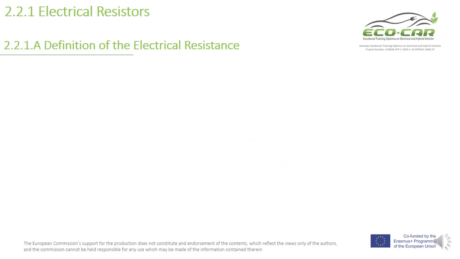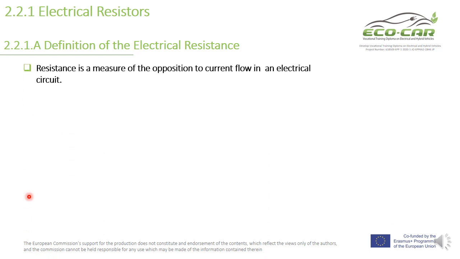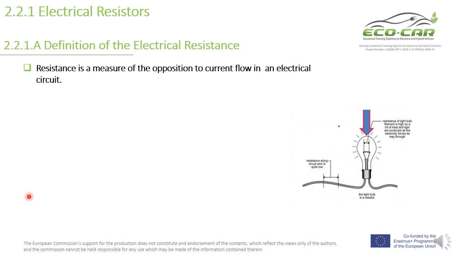Now, the electrical resistance. Resistance is a measure of the opposition to current flow in an electrical circuit. As we see in this picture, we have a light bulb with internal resistance here. It is called electrical resistance.